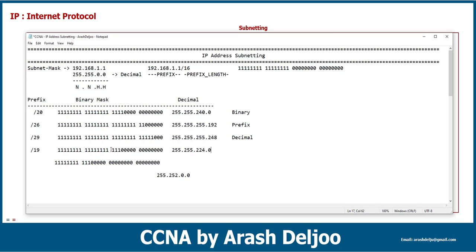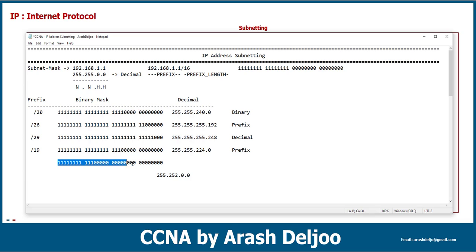Look at here. 128 plus 64 plus 32 is equal to 224. And you know that here we had the prefix version, and also we created the binary mask and decimal.